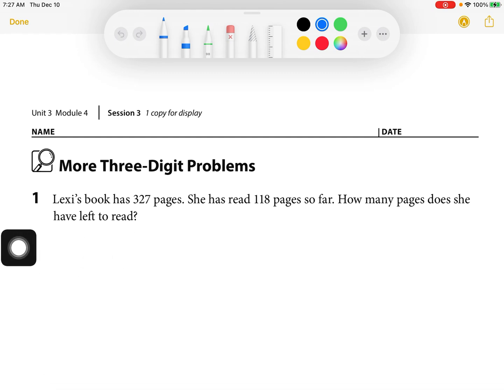So let's take a look at what it is asking us. First of all, we have this girl named Lexi, and her book has 327 pages, and she's read 118 pages so far. I like that, so far. That tells us where she's at. The question is, how many pages does she have left to read?